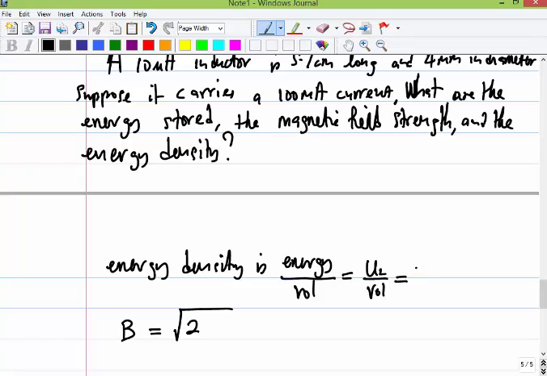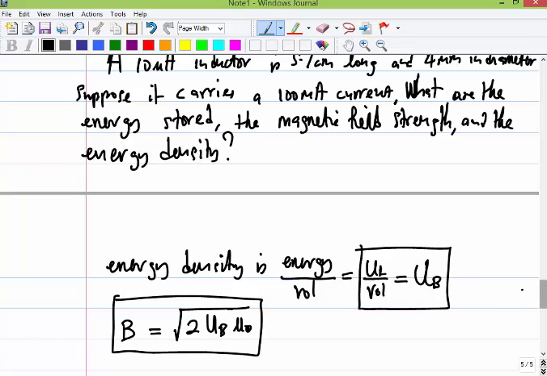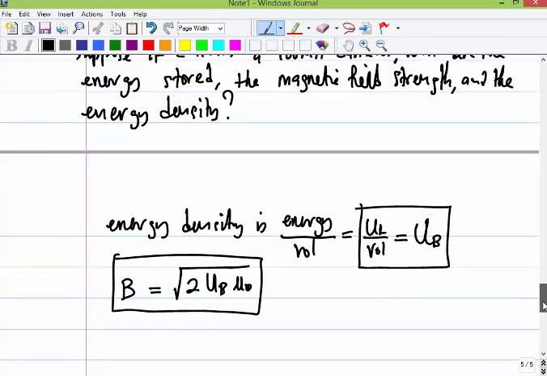Energy density is given as U subscript B, so it's going to be U subscript B times mu naught. I'm just giving you the formulas that you need to do this exercise. You already know U subscript L, so you should be able to complete the exercise.